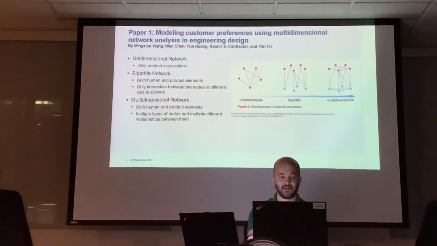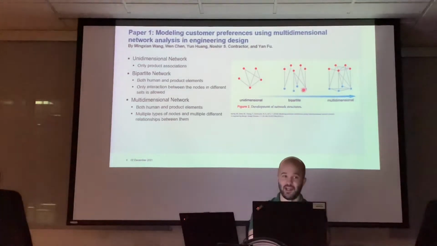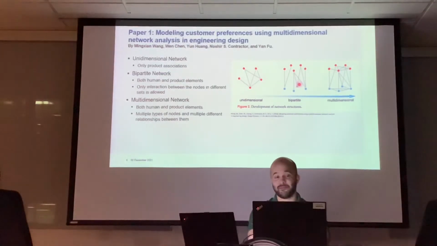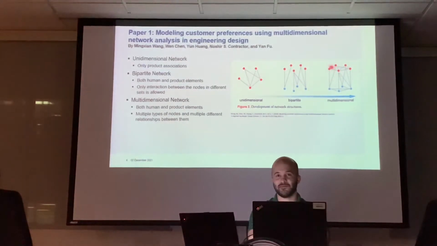There's a second method, this bipartite method, where both human and product elements are implemented, but you don't get any interaction between the nodes of the same element, just different sets are allowed. So they're proposing a multi-dimensional approach which allows these interactions between all the nodes, and this should give a better representation, including the social economic interactions.